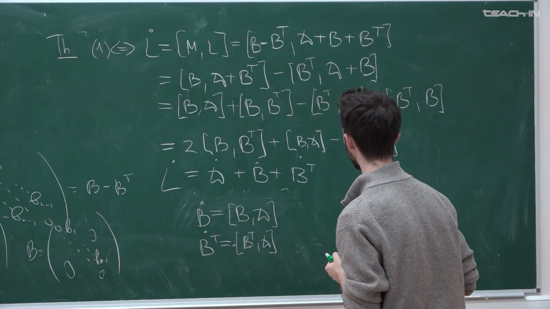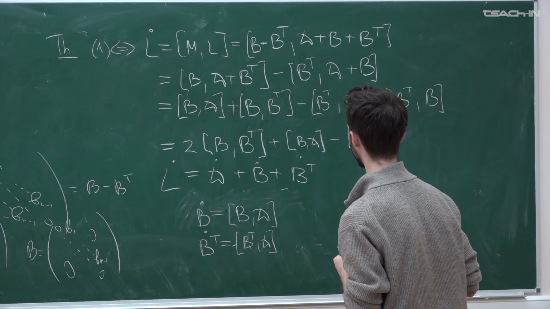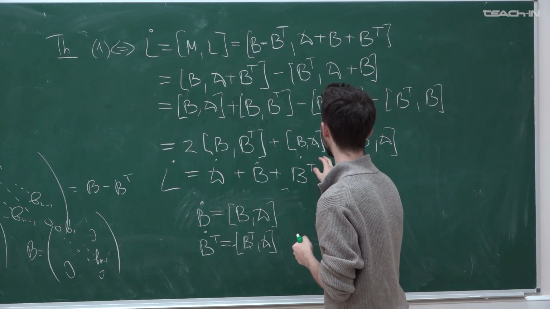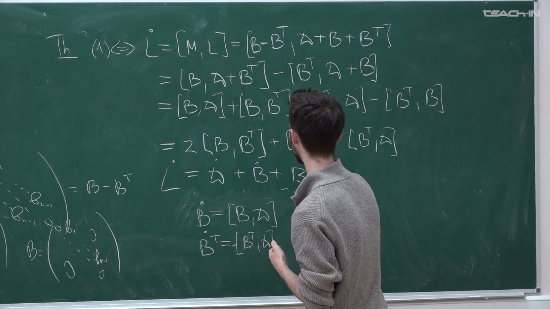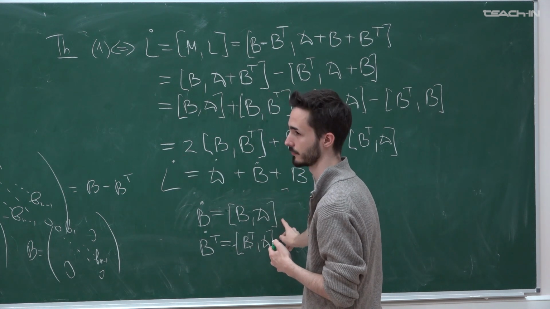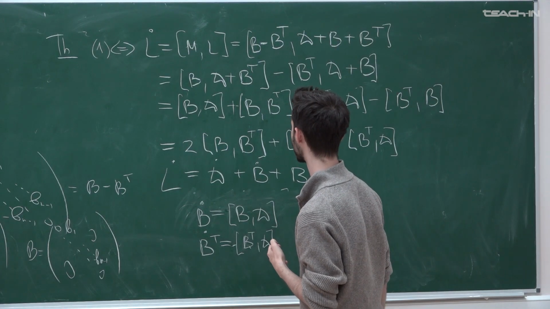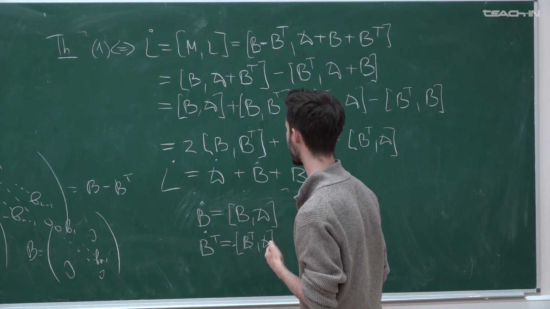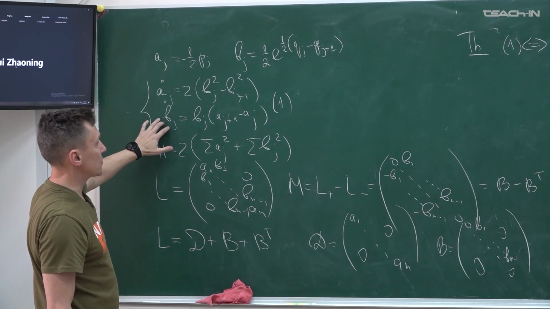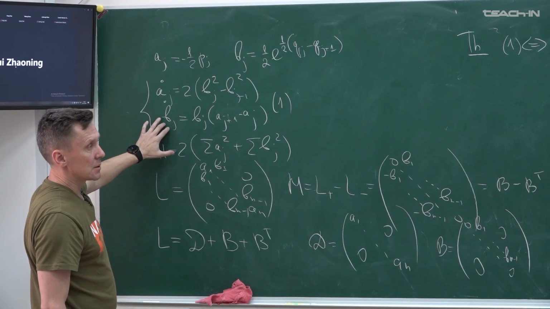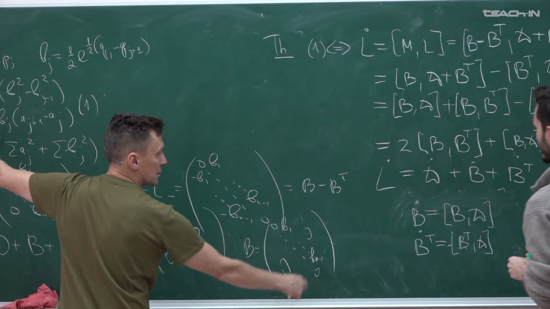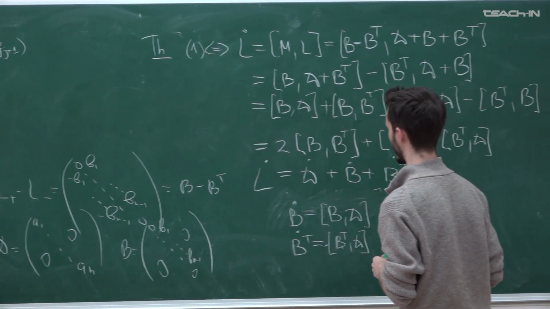And so this is true, and maybe it will produce the evolution equation for the b's. Because you remember, B is composed of the b's. Yes, we just have to verify that.